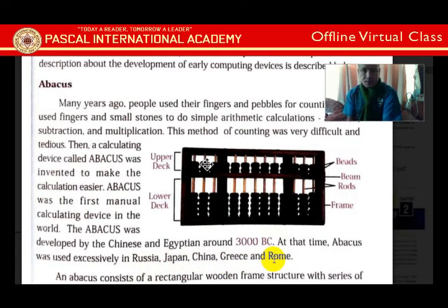As you know, if you talk about history, these countries were the pioneers of human civilization. Greece and Rome first created great structures like the pyramids, and such structures were only possible due to these Abacus calculations.